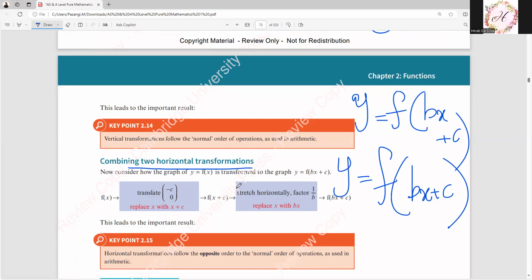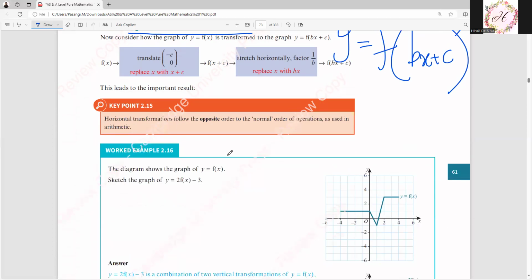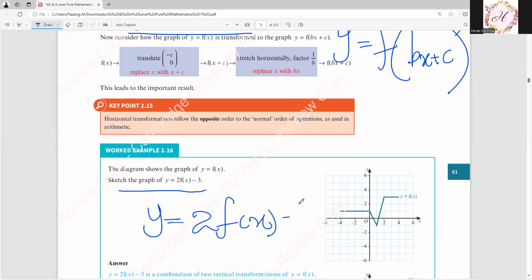Then for the last one, here we have the worked example as well. Now y is equal to f(x). For stretching the graph, how it works: y is equal to 2f(x) minus 3. That means here we have to stretch the function by 2, so the scale factor is 2 and it is stretched along the vertical axis.